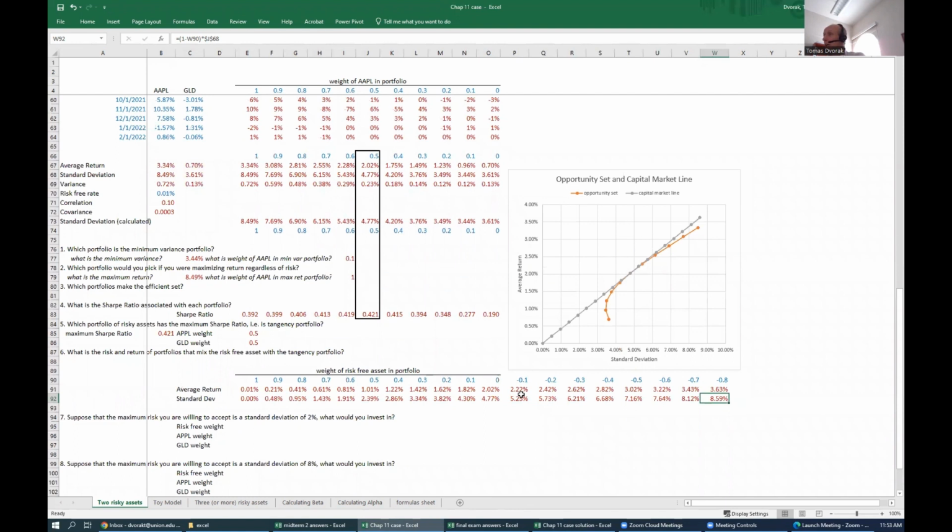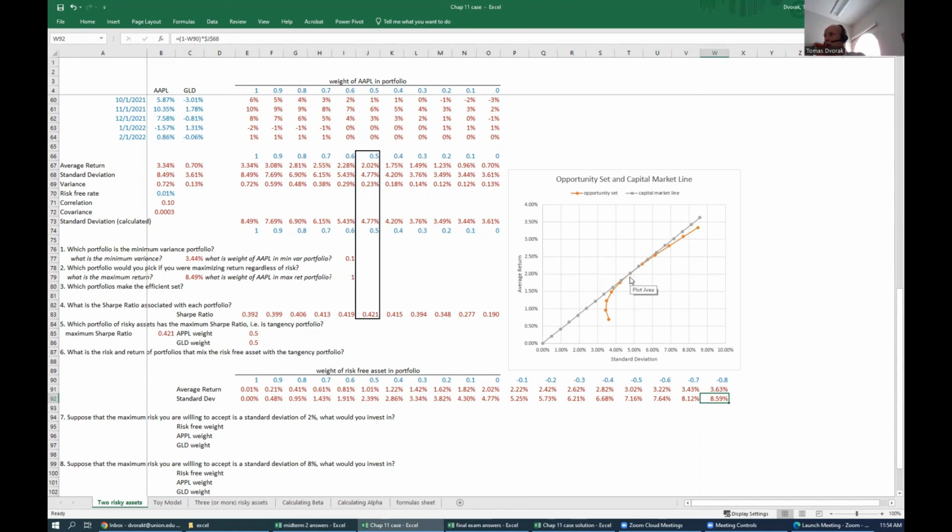So that's terrific, and this now is our new opportunity set, so to speak, because now if we allow ourselves to mix a risk-free asset with the tangency portfolio, we can achieve a risk and return combination anywhere on this gray line. Right?